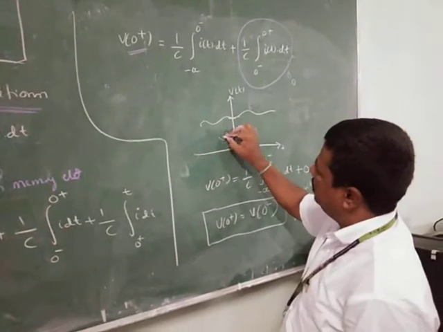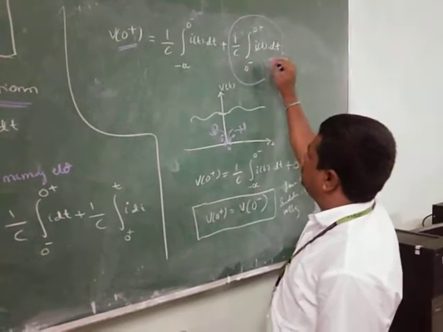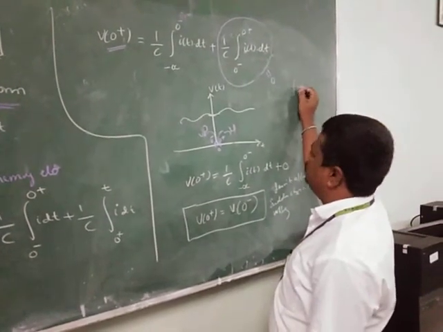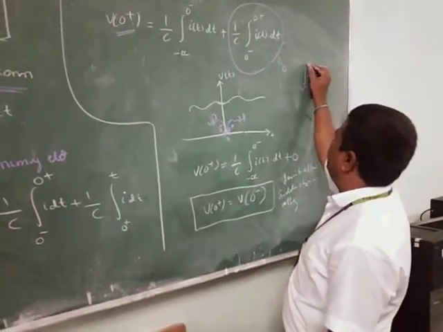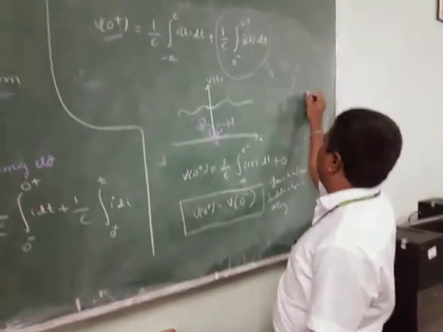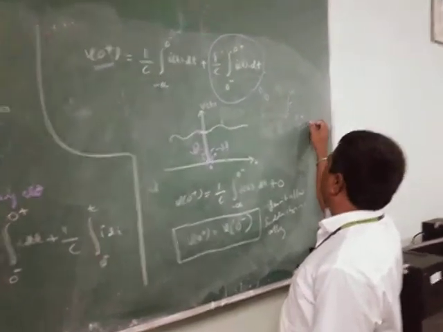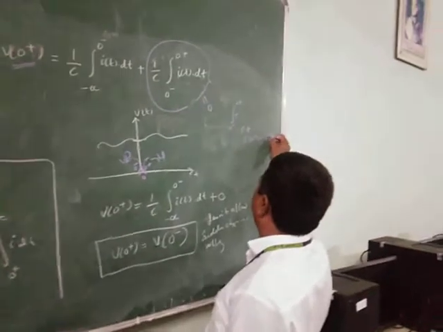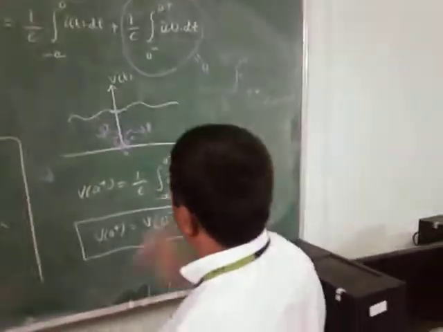This one becomes 0 because of the integration. Suppose the signal is a constant 5. Integral from 0 minus to 0 plus of 5 is 5 into t evaluated from 0 minus to 0 plus, that is 5 into 0 plus minus 5 into 0 minus. The value is the same, so the subtraction is equal to 0.